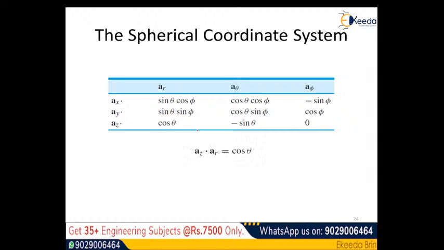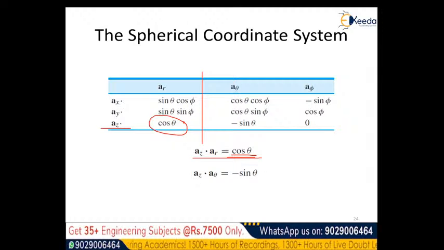For example, if you take az dot ar, from the third row and first column, if you derive it on the geometry of the diagram that we have just discussed, it comes to the value cosine of theta, and this has been tabulated here. If you go for az dot a theta, you get minus sine theta, tabulated as the second cell in the last row.